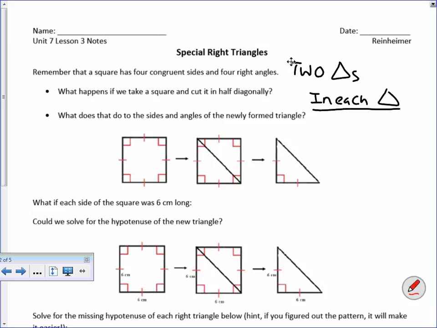If you look, one thing that we have is a 90-degree angle. So we got one 90-degree angle. We also have 2 congruent sides. That's easy to see.